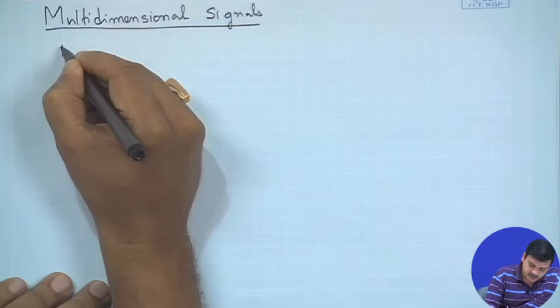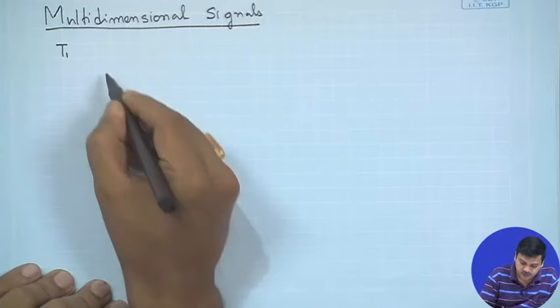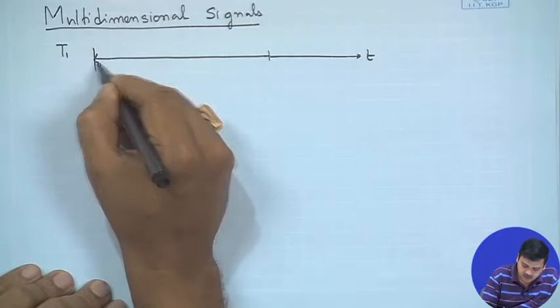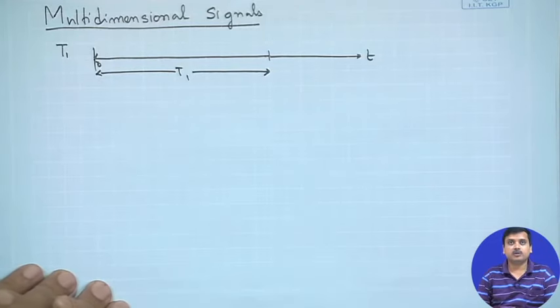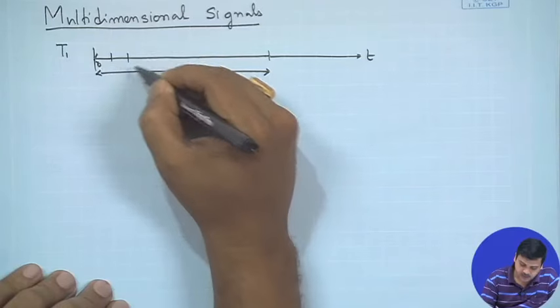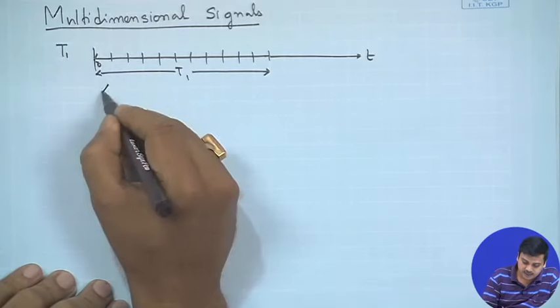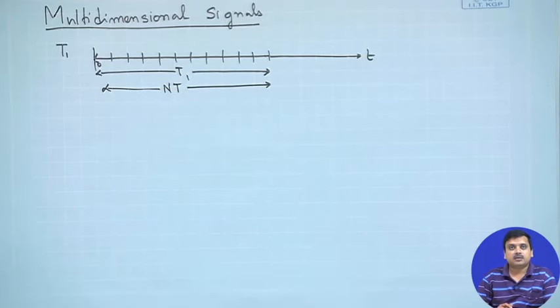For example, let us say T1 is the total time duration available for signaling, with t as the axis starting at 0. What we could do is break it up into smaller durations, let us say n such durations.